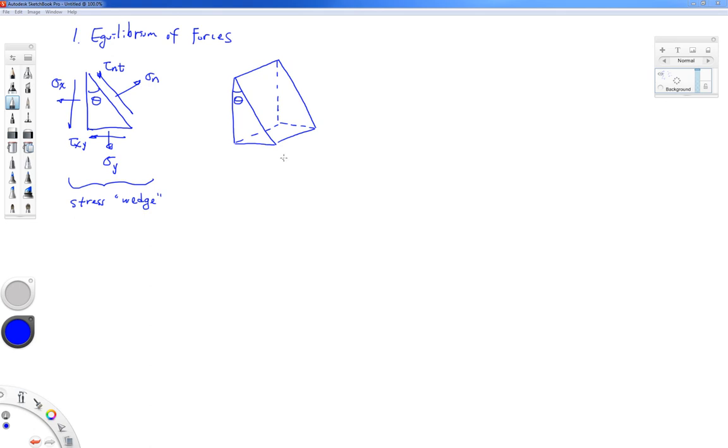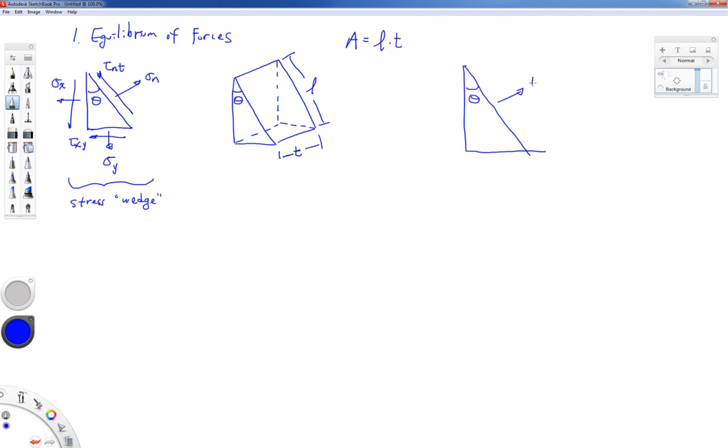Here in 3D is this wedge, and let's give this some dimension. Let's call it a symbol T for the thickness. In this long direction, the hypotenuse of that triangle, let's call that distance L. So the area of the inclined face, I'm going to call A, and it's going to be equal to L times T. So in order to convert this sigma n into a force in the n direction, I'm going to redraw this block again.